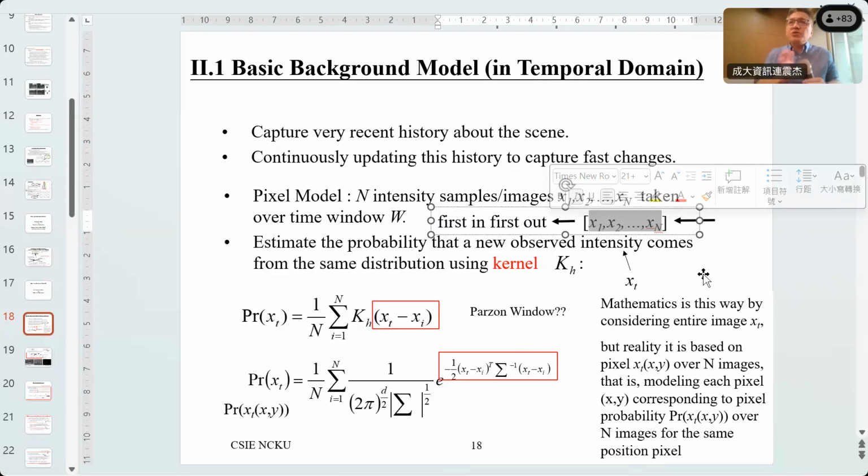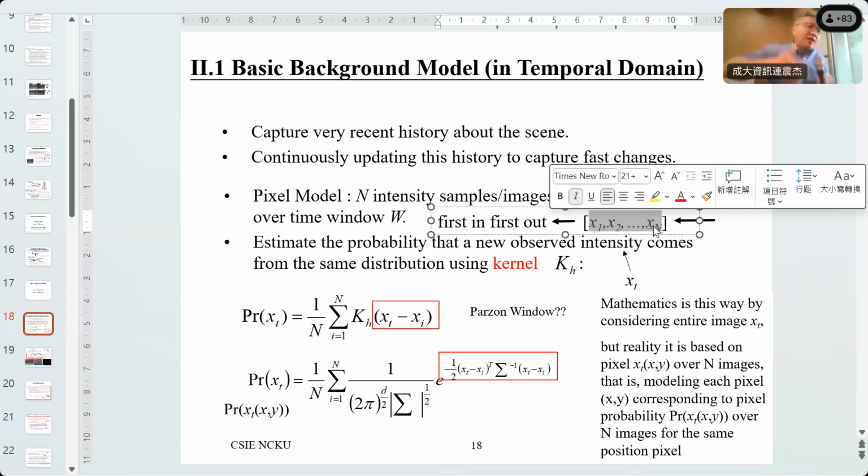Suppose you collect 2 seconds of the image sequence. That's 60 frames, 60张影像，你收集60张影像。好，然后 for each pixel, this is 1 pixel, for each position of the pixel, we collect 60 pixels. So you have a buffer.